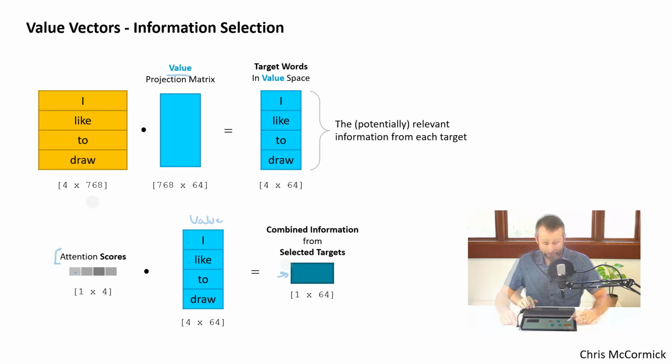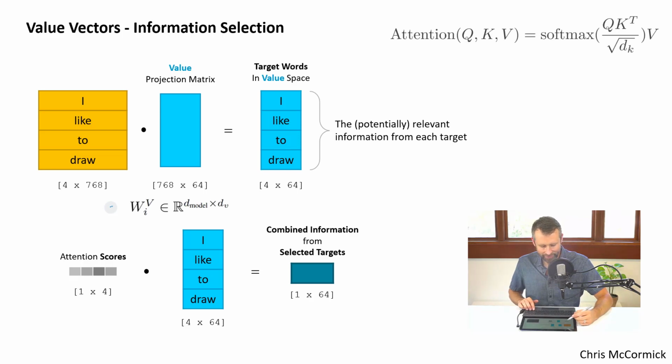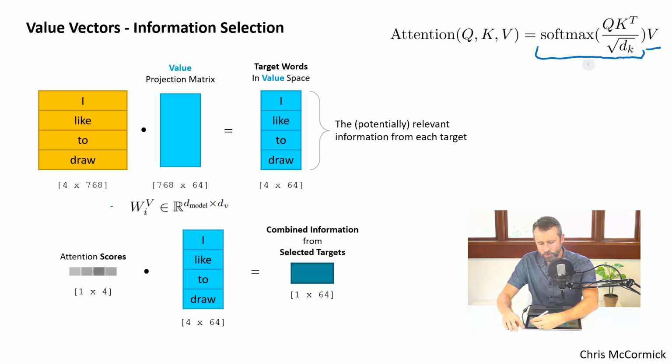All right, let's make sure we tie this back to the original equations like we said we would. So we're talking about this step right here, where this entire term was all about calculating the scores, and then we're just multiplying the resulting scores against the value vectors. And let's label these matrices again.